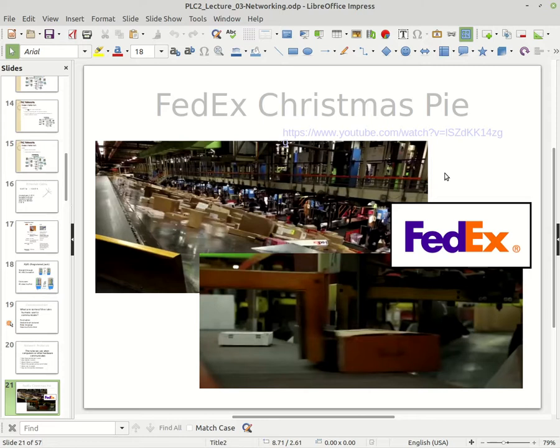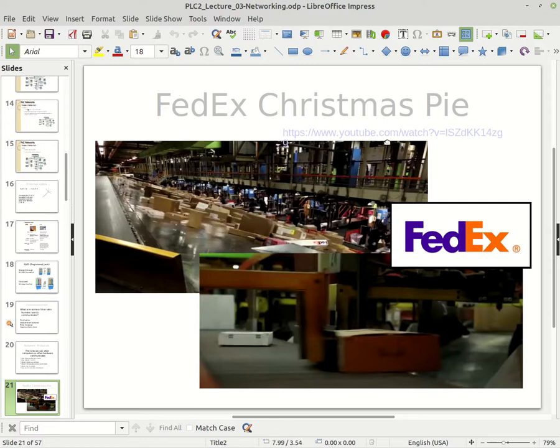It was done a couple days before Christmas, and they sent a pie through FedEx from the East Coast to Hawaii. They're just showing how FedEx handles the massive amount of packages that they handle in a single day. And it's just very interesting.